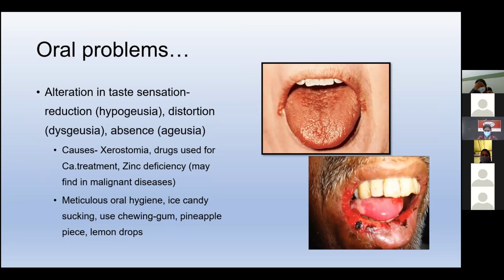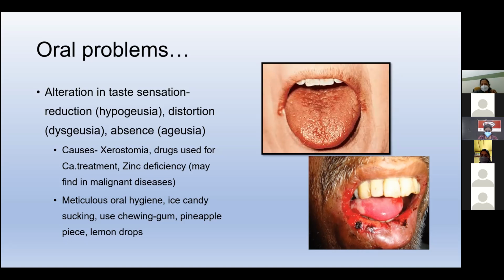So identify whether the patient has xerostomia, or is having any treatment because of which he is feeling a bad taste. Many times the patient has zinc deficiency, which is very commonly seen in patients with malignant diseases. If it is there, then multivitamins with zinc supplements can be given orally.